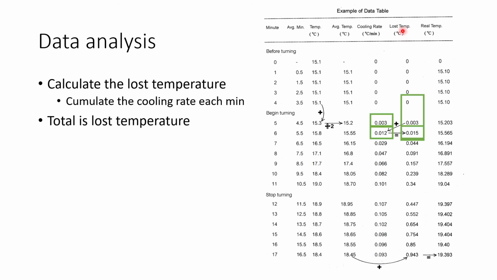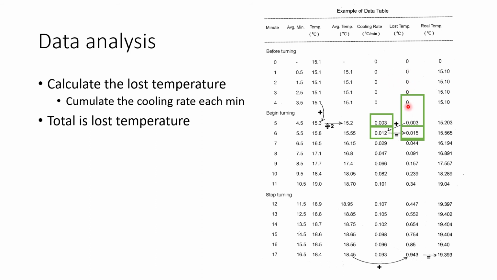Once you have recorded the cooling rate in this column, the next thing you need to do is calculate the loss temperature. The loss temperature is the temperature that's lost from the cooling. Since you know the cooling rate, at the room temperature, the cooling rate is going to be 0. So the loss temperature is going to be 0. You lost 0 Celsius, and the cooling rate is 0 Celsius per minute. So 0 added to 0 is 0. 0 added to 0 is 0. You keep doing that.